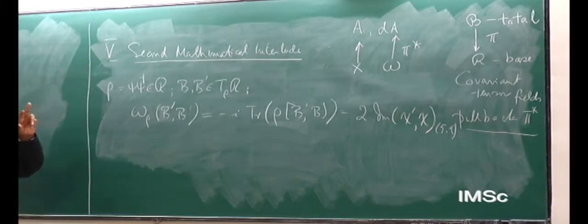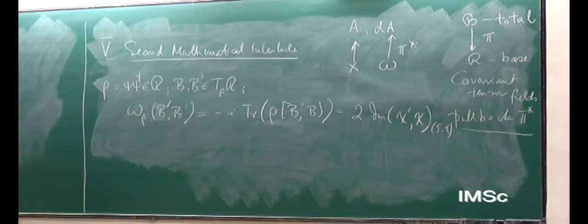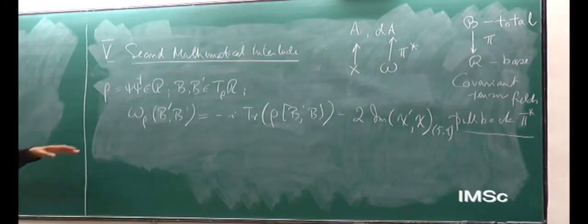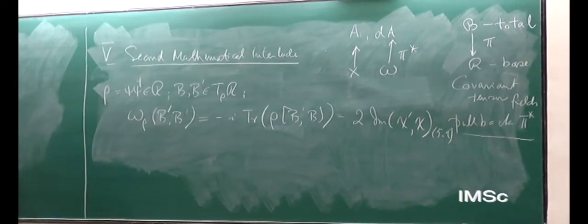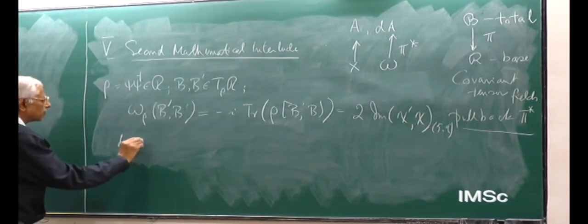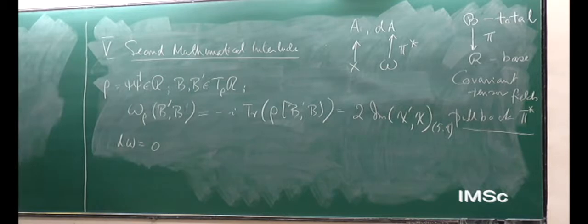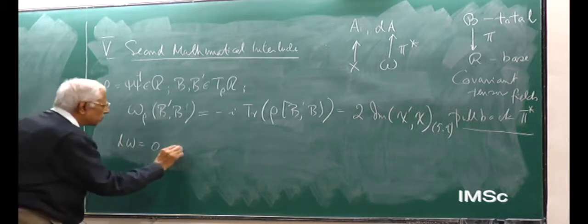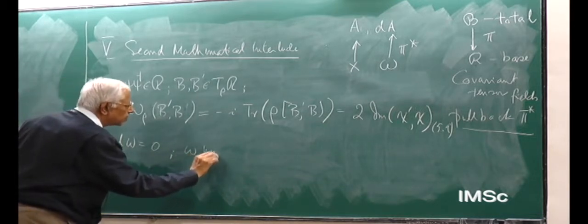It has 2 other very important properties. One is its own exterior derivative is 0. That is point number 1. It is called a closed 2 form. And it has one other property: omega is non-degenerate.